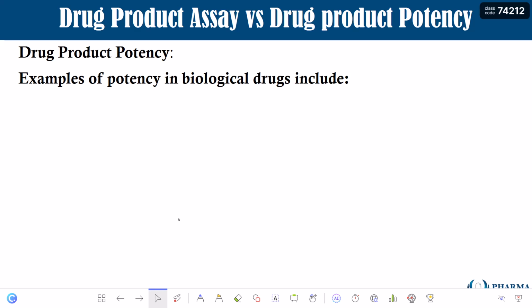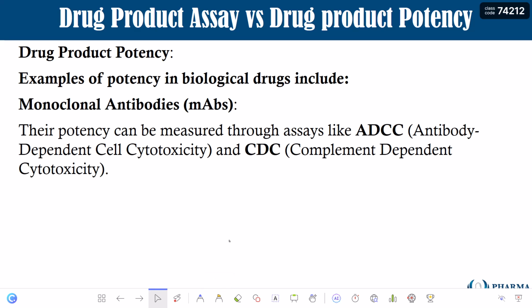So let us now understand examples of potency in biological drugs, because this term may be new to some of you, and to be very frank, I am also quite new to this term. The first example is monoclonal antibodies, or the mAbs in short form. What is the purpose of conducting the monoclonal antibody potency?